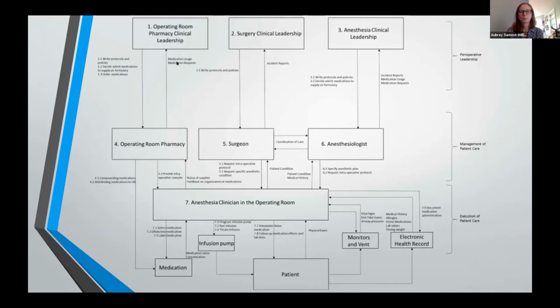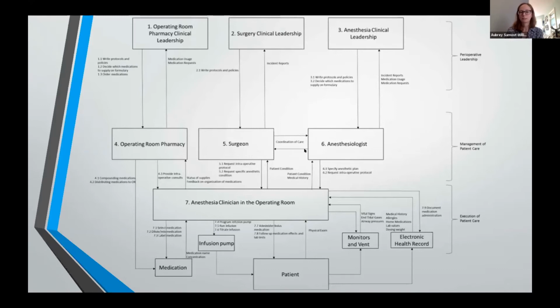These guys pretty much all set protocols, policies, and supplies of medications as their control actions to constrain the actions of the layer below. This layer here is really managing patient care. This is where the cognitive decisions are happening, as well as the communication, coordination of care, those types of pieces.